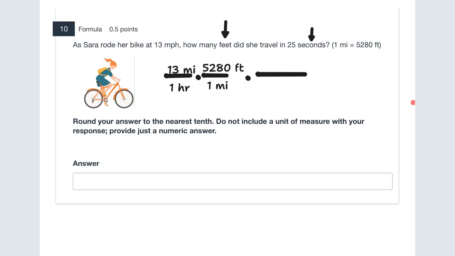In this case, I'm going to have 1 hour in the top and seconds in the bottom. So this is 3,600 seconds. I see some students say 60 seconds in an hour. No, there's 60 minutes in an hour, 60 seconds in a minute. So 3,600 seconds in an hour.